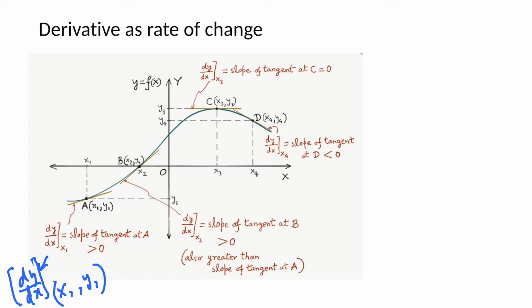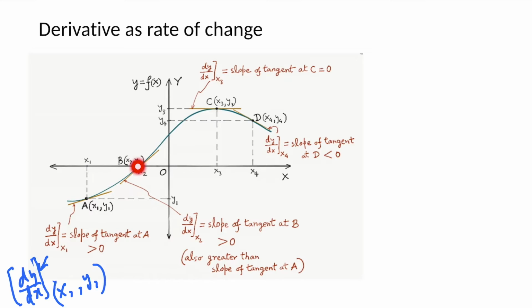And notice that the slope of the tangents are positive at points x1 and x2, the tangents to the curve of f(x). So now what does that mean? If the slope is positive, so obviously the derivatives are positive, here at x1 and at x2.